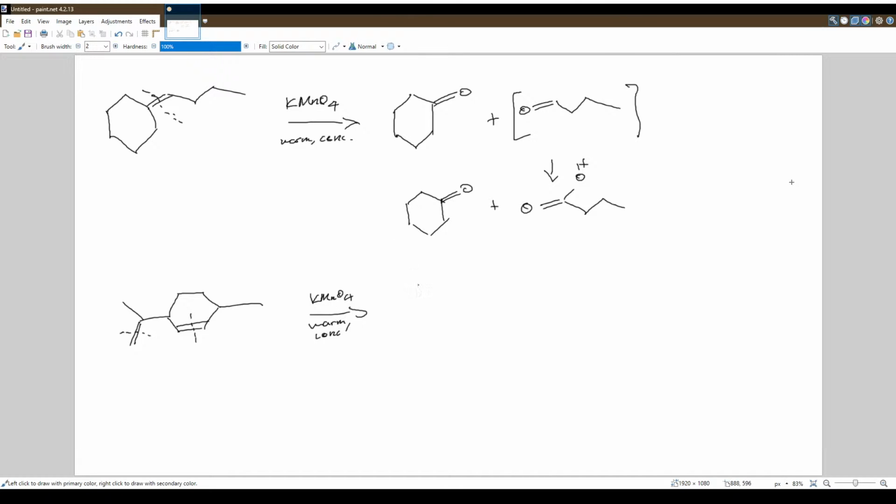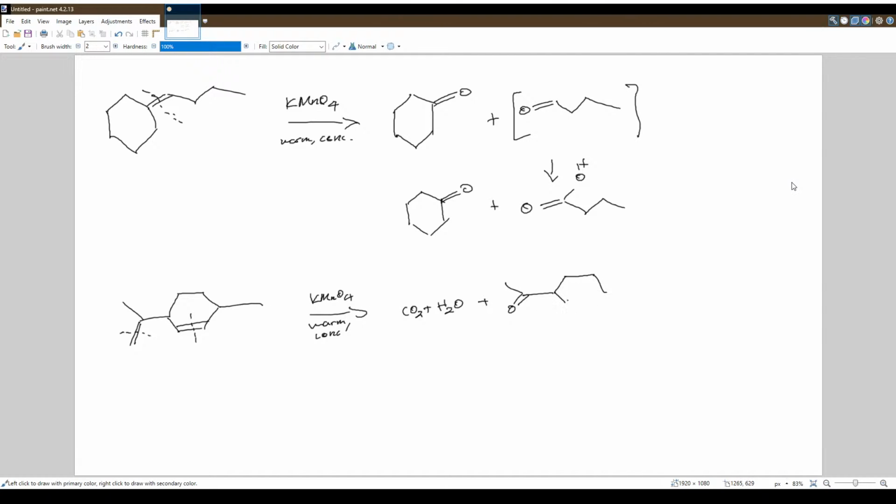Okay, yep. And so then that means from the left side here, we're going to get CO2 plus water, plus we're going to get this thing, right? That's a ketone.